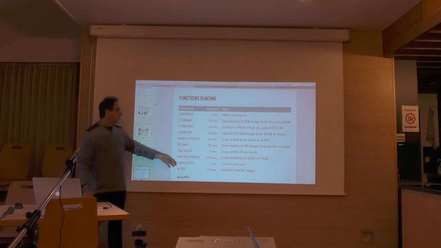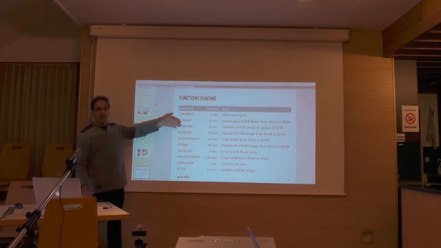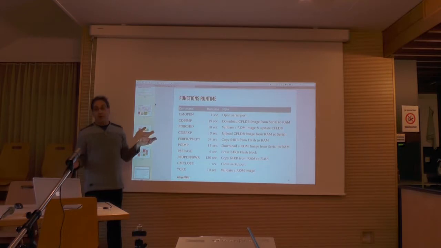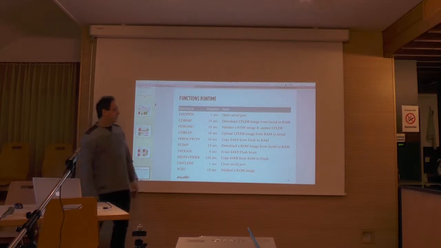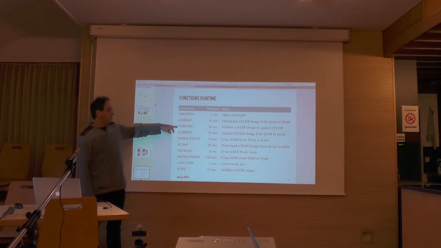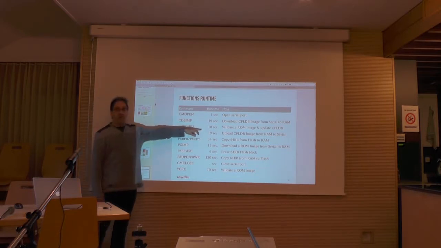A close also. It takes 19 seconds to download the file from the PC to the CL. It's 4,800 baud, so 4,800 bits per second that it's downloading. Then there's the check for each run. It's 10 seconds per run.